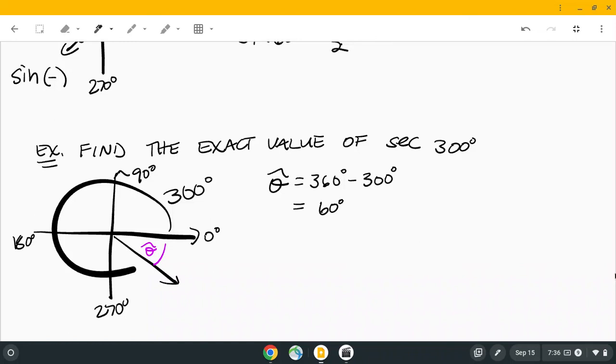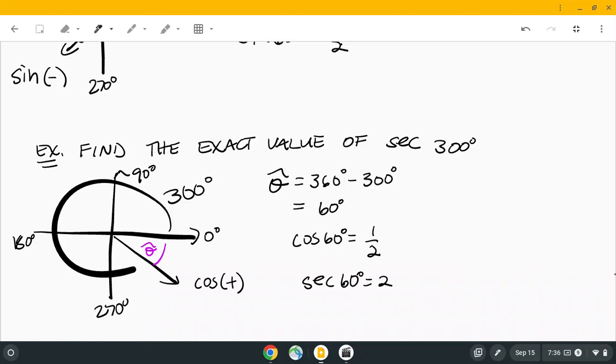All right, so secant, which is the reciprocal of cosine, we know cosine here is positive. Okay, so my final answer here will be positive. All right, so let's see. Cosine of 60 is 1/2. Therefore, secant of 60 is 2.